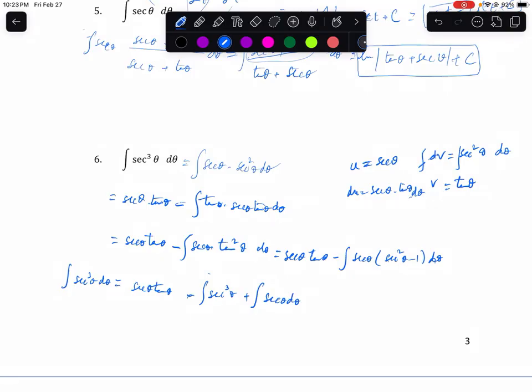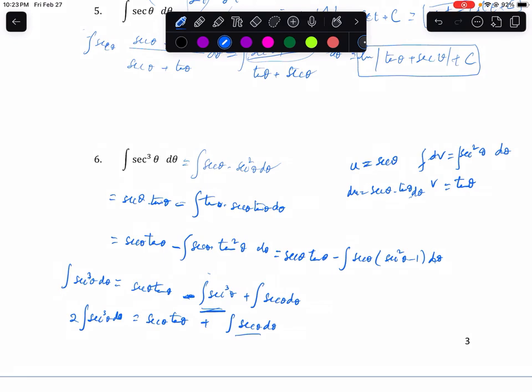Now, on the left hand side we have the integral of secant cube theta, and we have the same over here with a negative sign. So we add this quantity to both sides and end up getting 2 times the integral of secant cube theta d theta equal to secant theta tangent theta plus the integral of secant theta d theta. But the integral of secant theta d theta we already put up there.